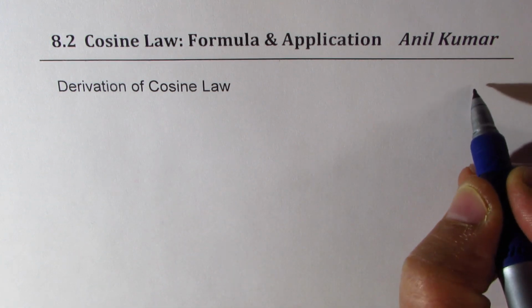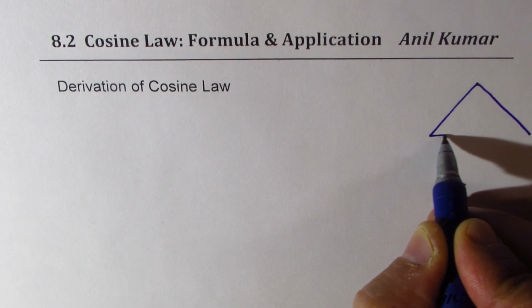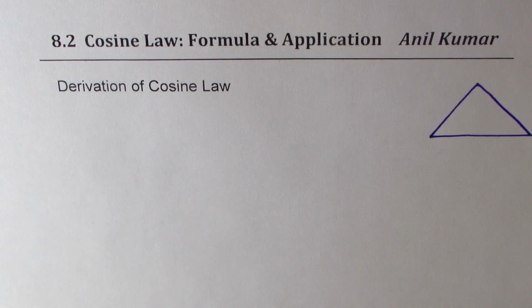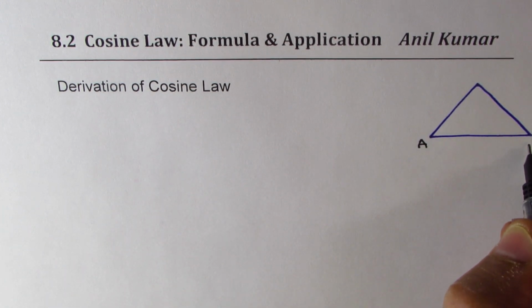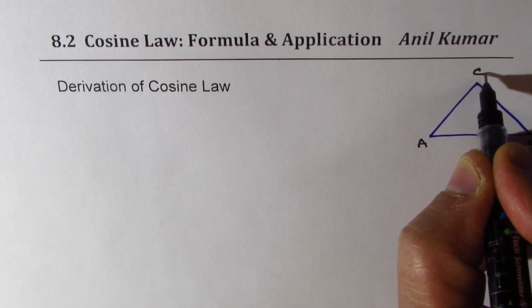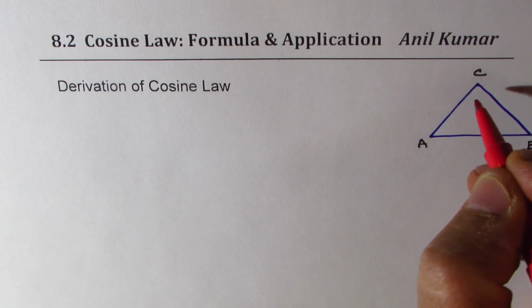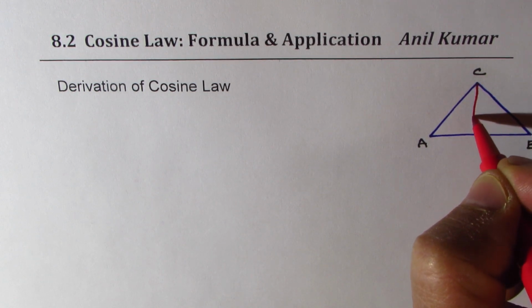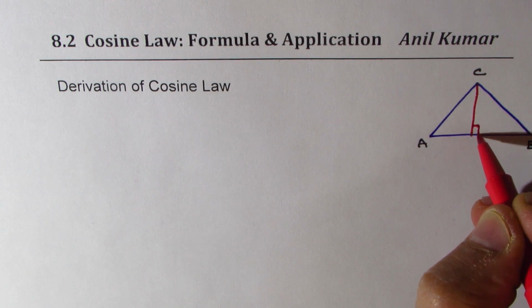So let's have a triangle ABC. Here's a general sketch. Triangle ABC. Let us say the altitude of this triangle is h from C to AB, so this is perpendicular to AB.